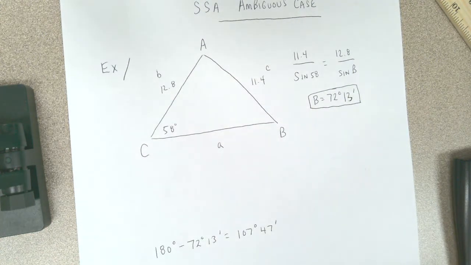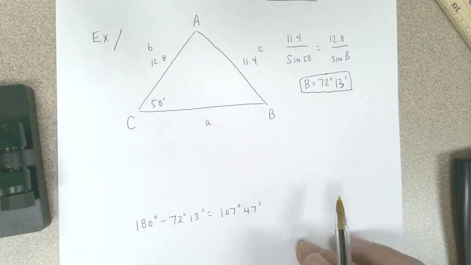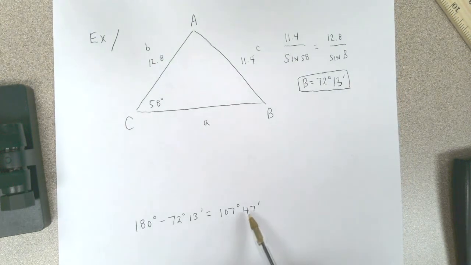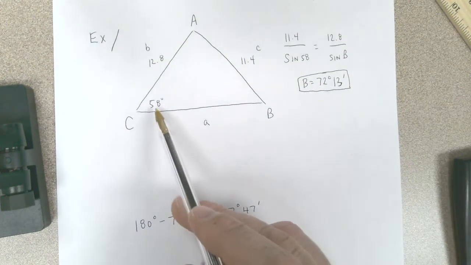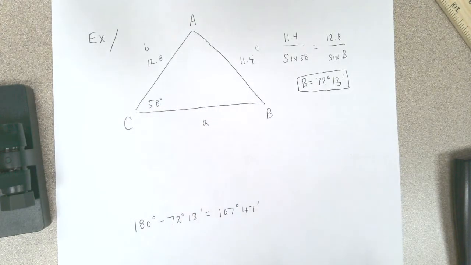What I have to check is, is 107 degrees, 47 minutes plus 58 less than 180? Well, I know that it is, because that gives me 165 degrees and 47 minutes.